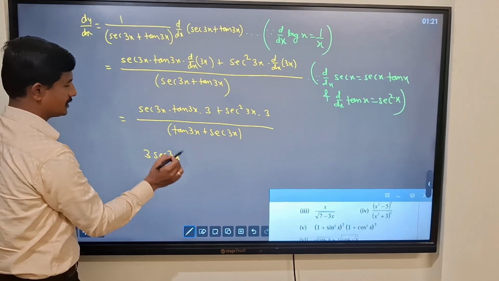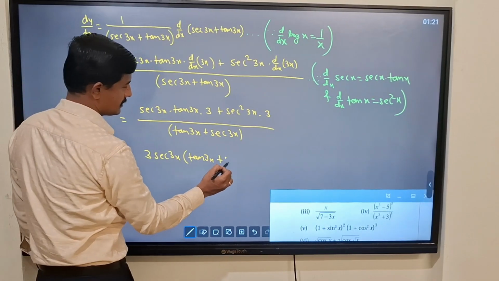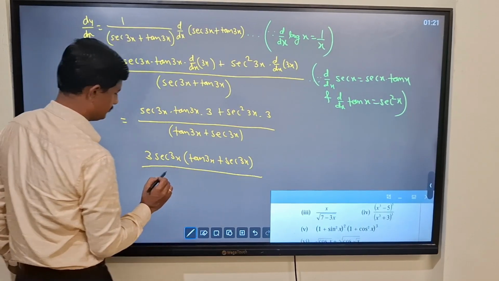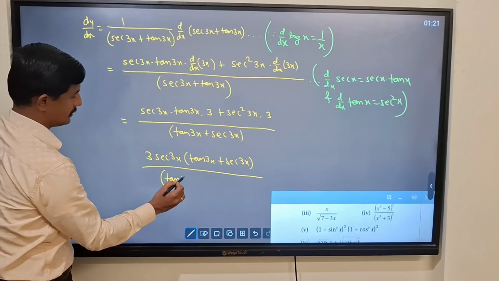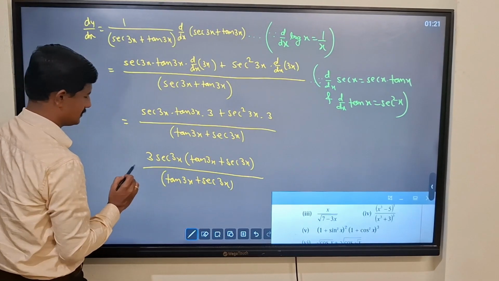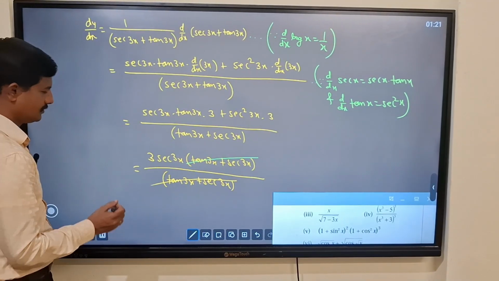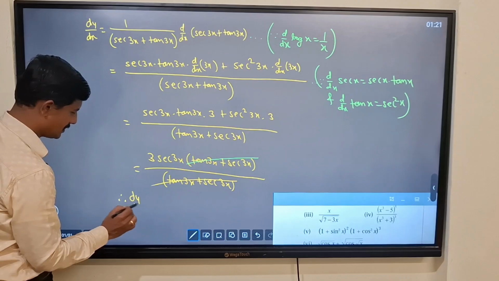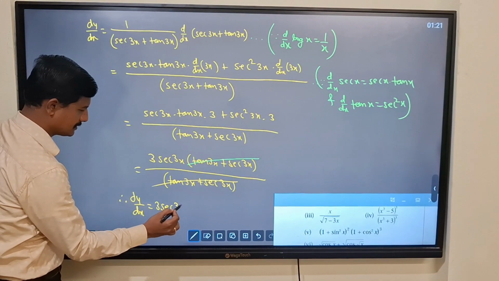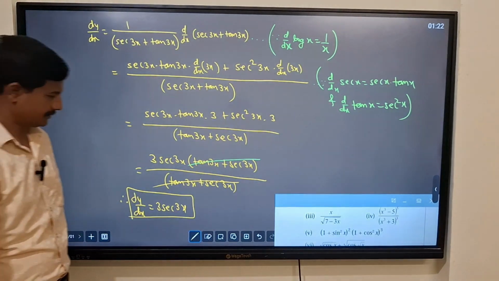If you take 3 into sec 3x common, here it remains tan 3x and here remains sec 3x upon tan 3x plus sec 3x. So this gets cancelled out and this is your answer. Now dy by dx is simply 3 sec 3x. This is your answer.